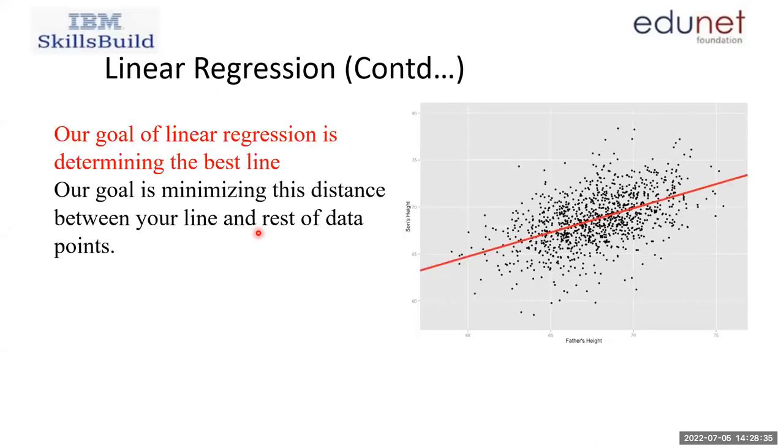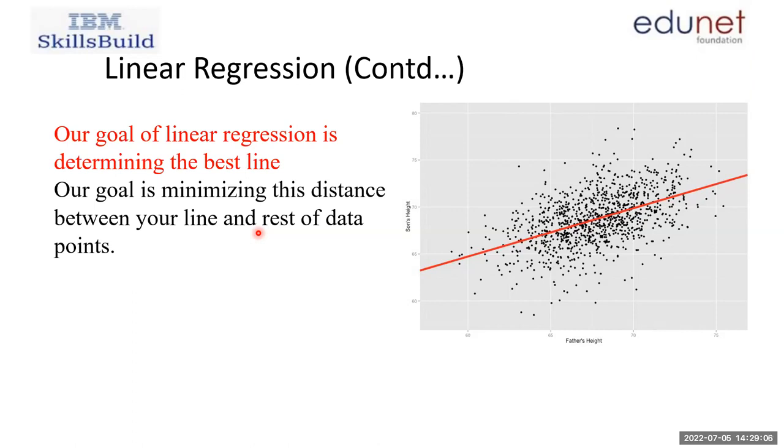So in the case of linear regression, what is our goal after implementing a linear regression algorithm? The regression algorithm should be able to determine the best line. How are we going to determine the best line? We have to find the most optimal values for the coefficients, intercept and slope.